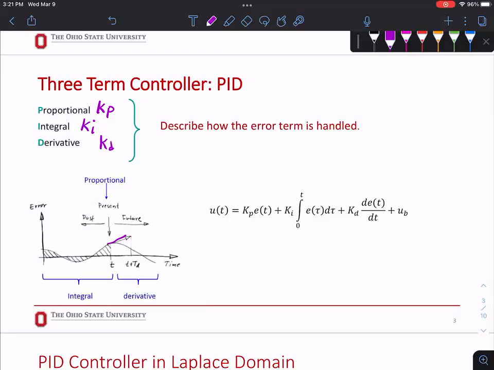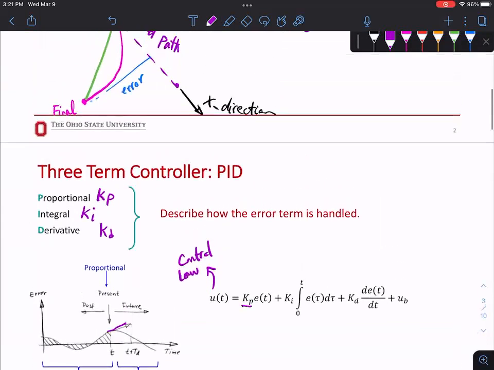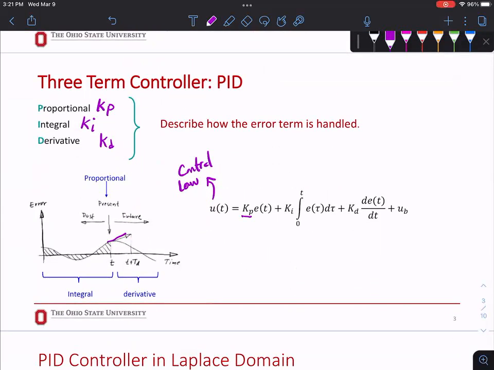So the art of designing a PID controller is to tune these three parameters, these three coefficients. It's super easy. This is called the control law. The control law is your u(t). Remember, u is your control signal. So your control signal is made up of your KP, your proportional coefficient, times the error of the system at that time. So proportionally, you are multiplying by error.